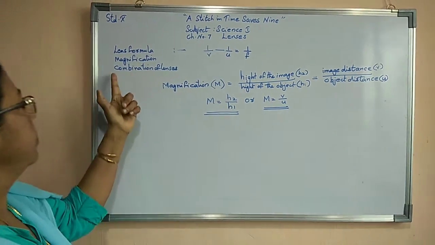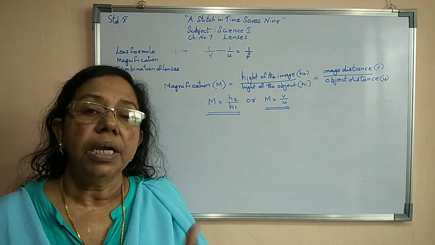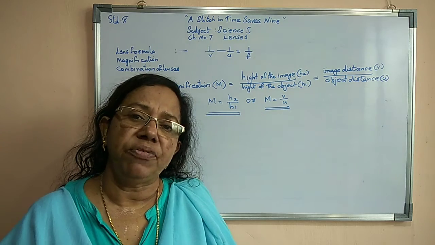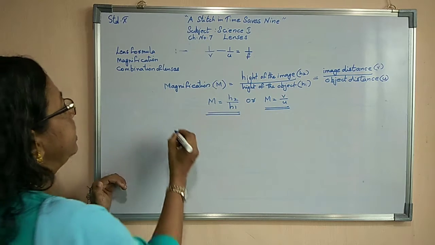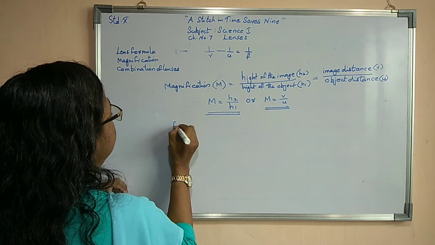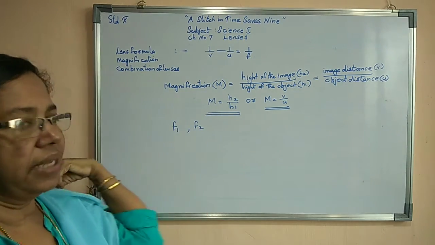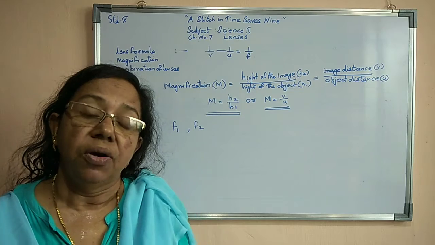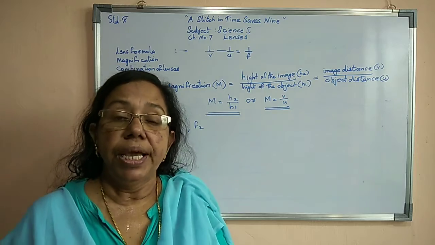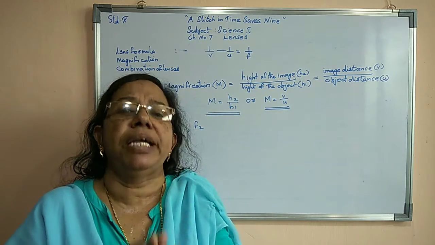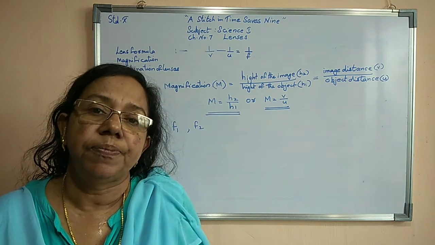Now one more term, that is combination of lenses. What is meant by combination of lenses? If you have two lenses, one with focal length f1 and the other with focal length f2, and we keep both of them close by, then what will be the combined focal length?